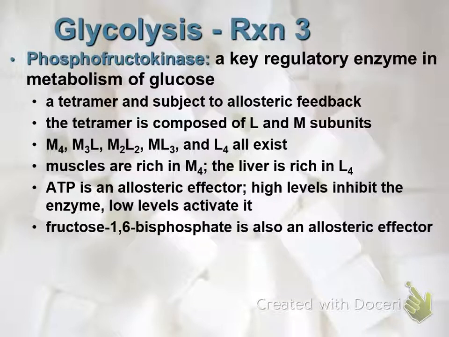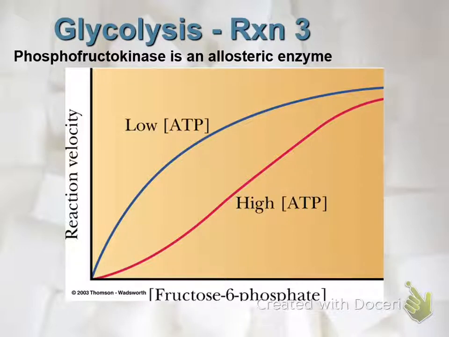And so if we were looking at the velocity graphs, like what we've seen before, if there's high ATP, then we see this, what's this shape called? Sigmoidal. It becomes more and more sigmoidal. If you have low ATP, another way of thinking of low ATP is high ADP, which should make sense, then it becomes more, what's that shape called?